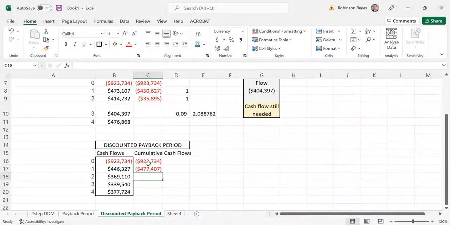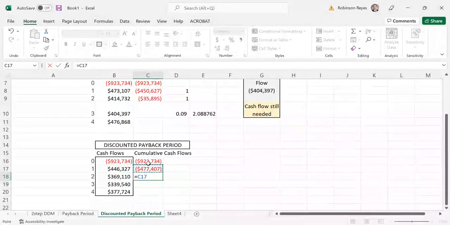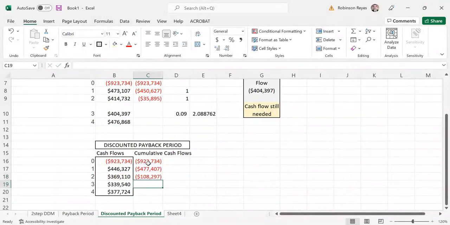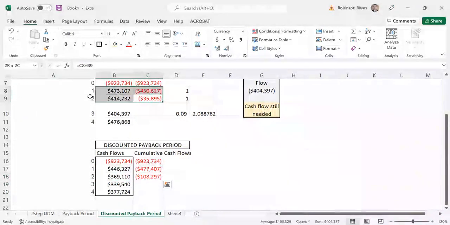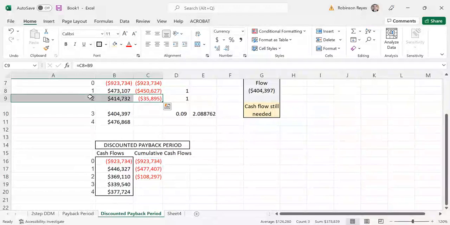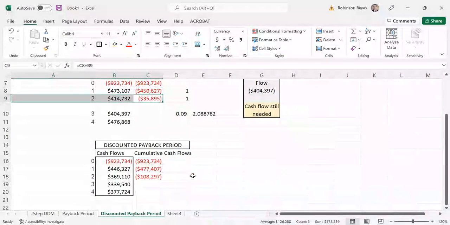When we get to the end of the second year, we acknowledge that we are still short by $477,000. When we add the $369,000, we are still short. And so by the end of the second year, we can see that we are falling short by much more than what we were falling short before.